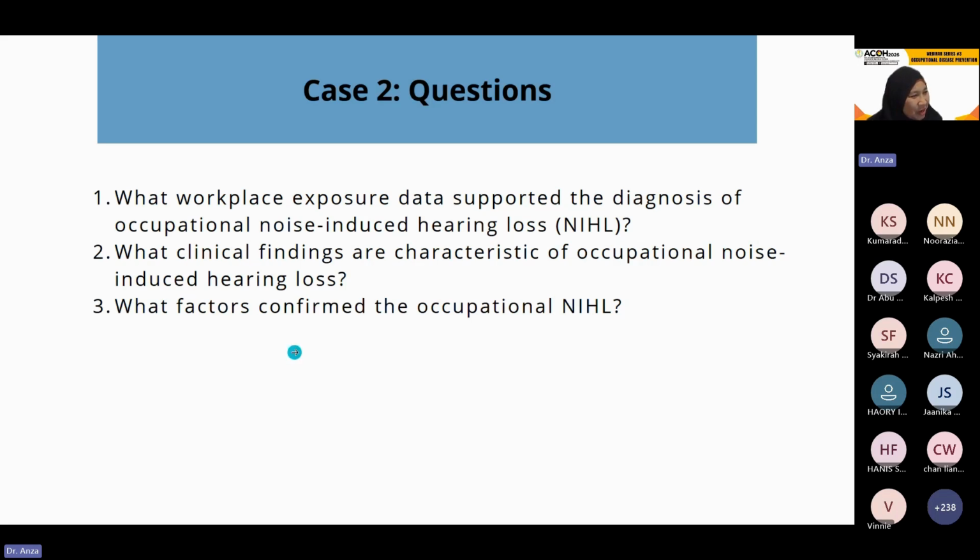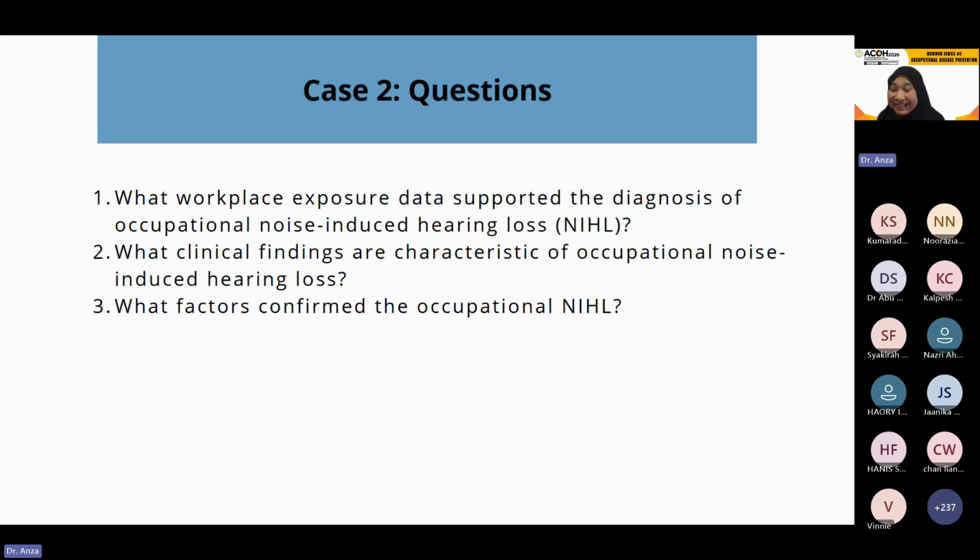Okay, so go back to number 2. What are the clinical findings that are characteristic of occupational NIHL? What would be the clinical findings? Yes, deep with recovery, excellent. I am looking for another keyword.